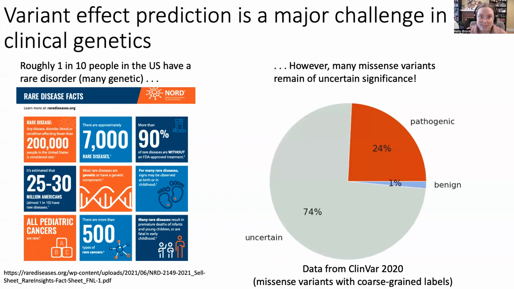However, many of the missense variants that we've annotated and sent to a database called ClinVar, which is where geneticists can submit variants that they've seen in patients along with their professional determination of whether or not that particular variant is benign or pathogenic, meaning disease causing, are actually of uncertain significance. We don't know if they're actually causing a disease or not.